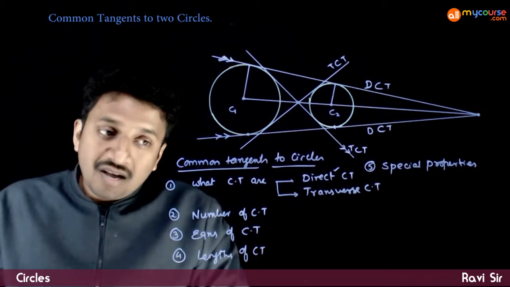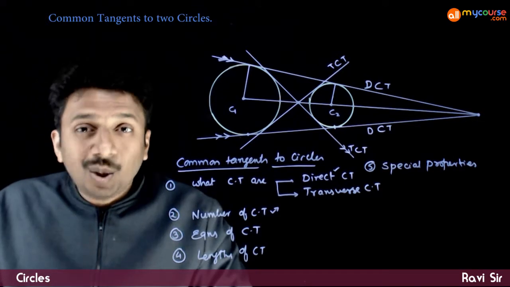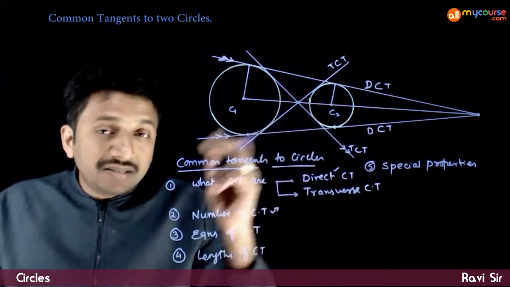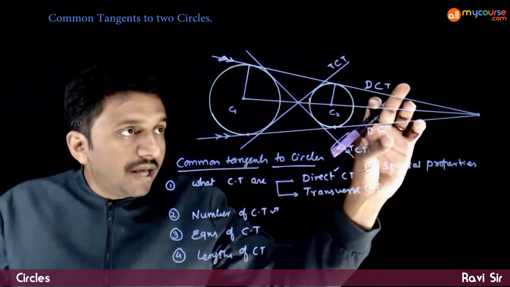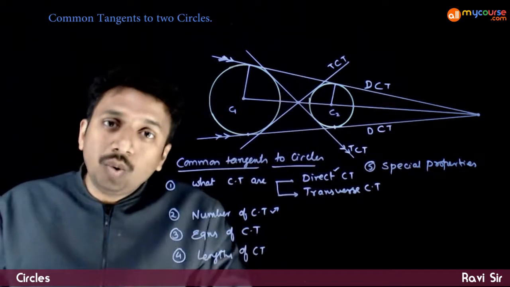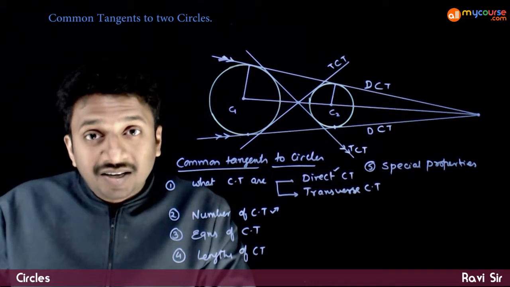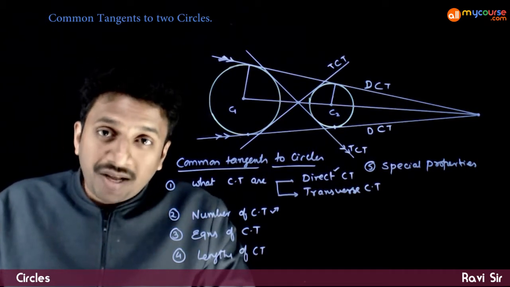Next, how many common tangents are possible for two circles? For these two circles, you can see that there are a total of four common tangents: two direct common tangents and two transverse common tangents. So can I say that any two circles will always have four common tangents?